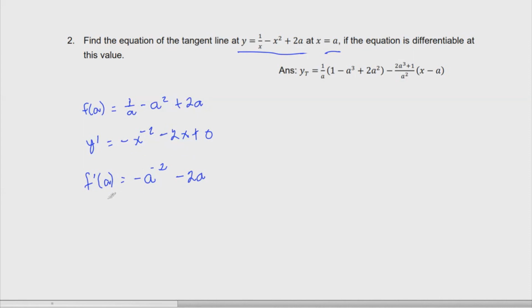Basically we can also rewrite this as negative 1 over a squared minus 2a. Okay, so in this way, we don't have any negative exponent, but this will do.